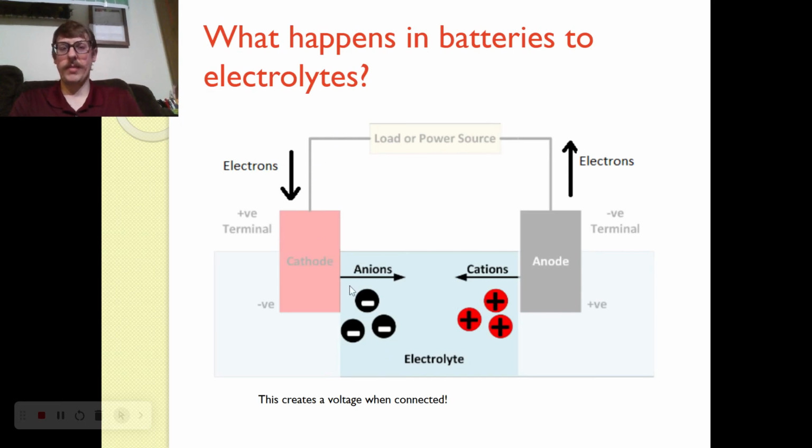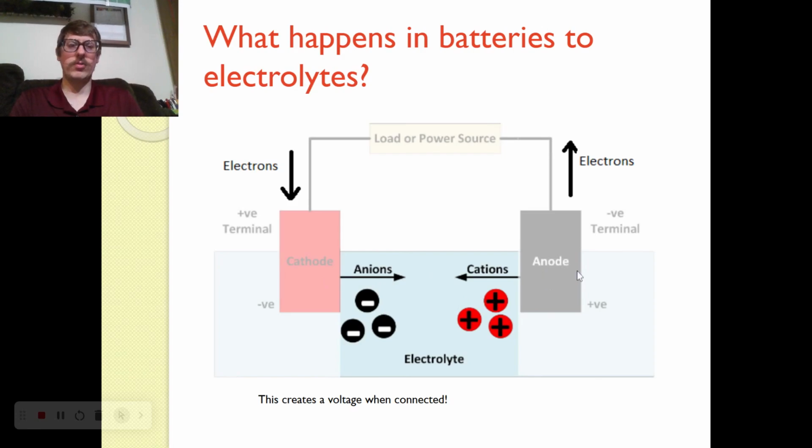Negative electrons like positive, so they're going to continue going to where the cations are, where the positives are. Whereas the anode, it's going to become a little bit positive once it loses its electrons, and because it's a little positive, it is going to attract the anions. So they become negative.